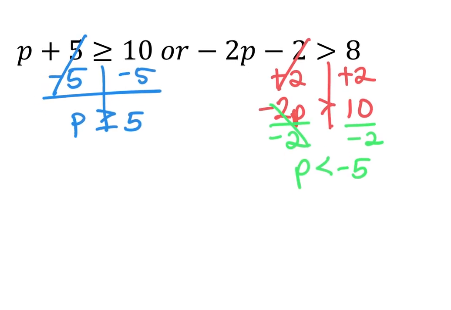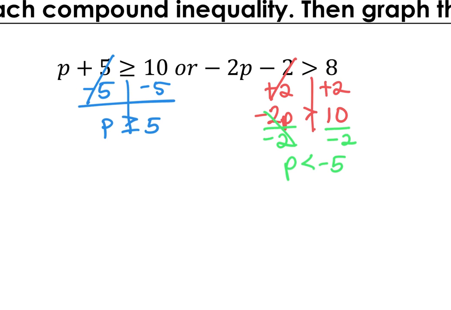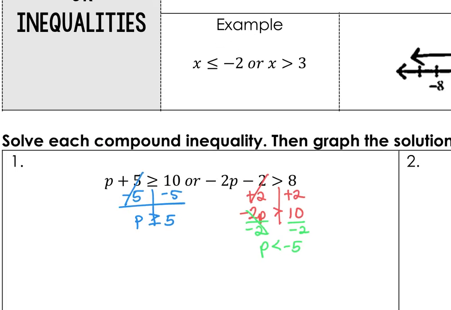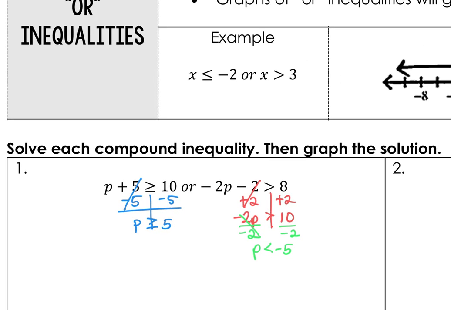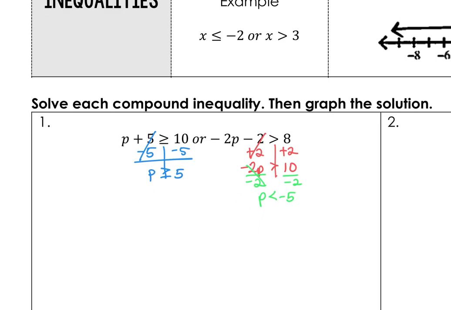So now, our solution needs to be written just like it was in this example. The solution always needs to be written in order from least to greatest. So when we write our solution, because -5 is the smaller number, we will write this as p is less than -5 or p is greater than or equal to 5.